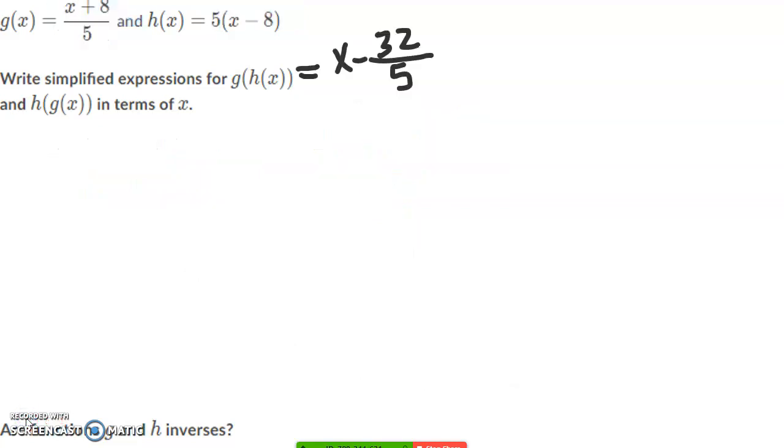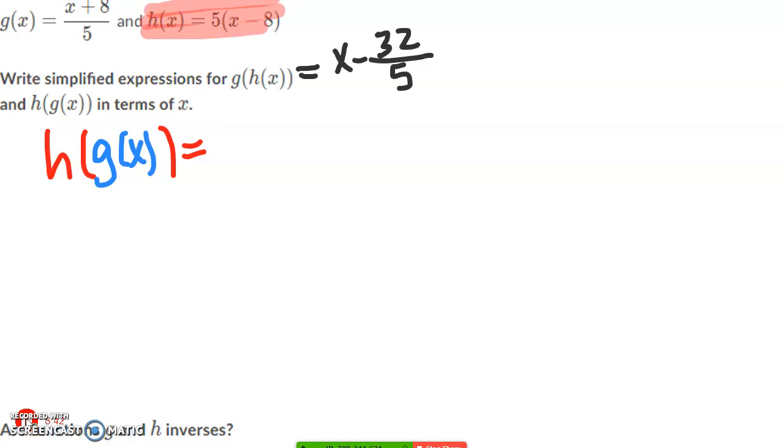Okay, now let's find h of g of x. So we're going to take h of x, and we're going to stuff g of x inside of it, right there where the x is.